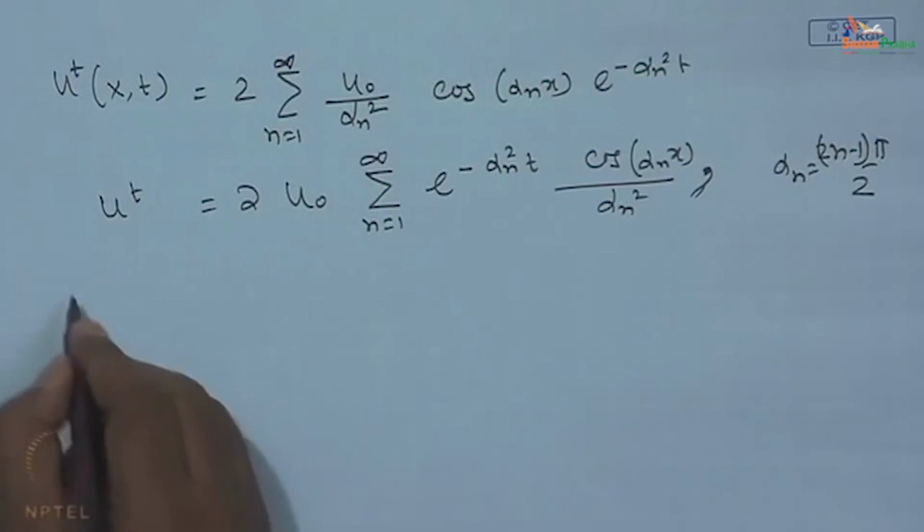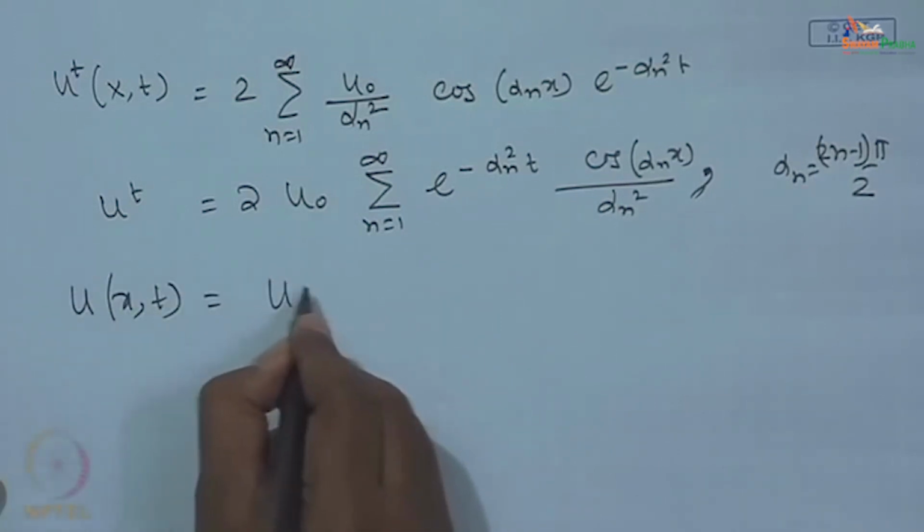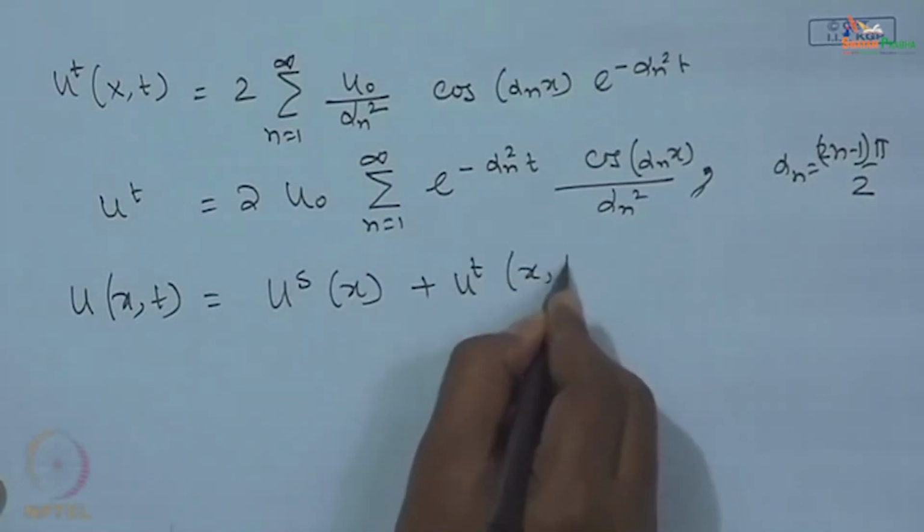The complete solution of u as a function of x and t is nothing but u s as a function of x plus u t as a function of x and t.